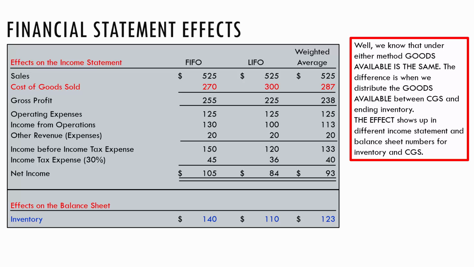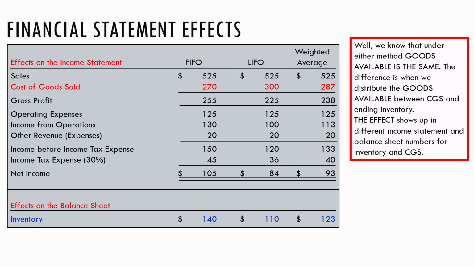Now, obviously, if you're doing this, you're going to have different cost of goods sold numbers. And if you have different cost of goods sold numbers, then your financial statements will be different. Your income statement's going to be different. If you have different ending inventory numbers, which we saw, then we're also going to have a balance sheet that's different.